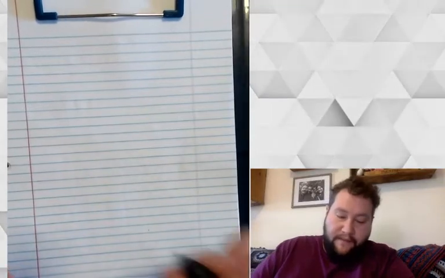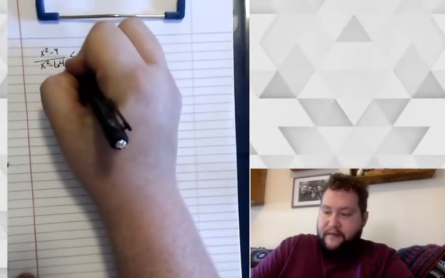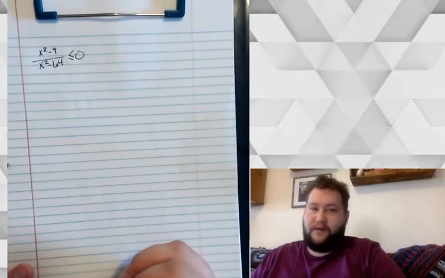Here we have x squared minus 9 over x squared minus 64 is less than or equal to 0. So remember, we have to first get it equal to 0. We're there.